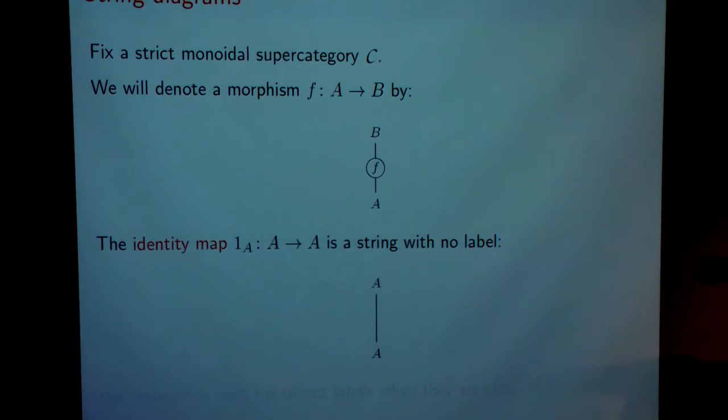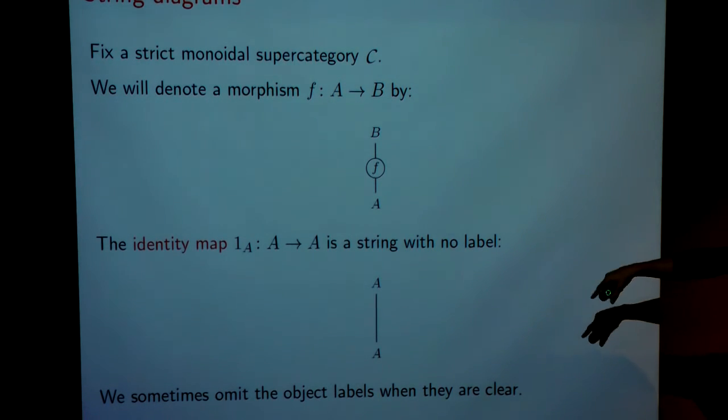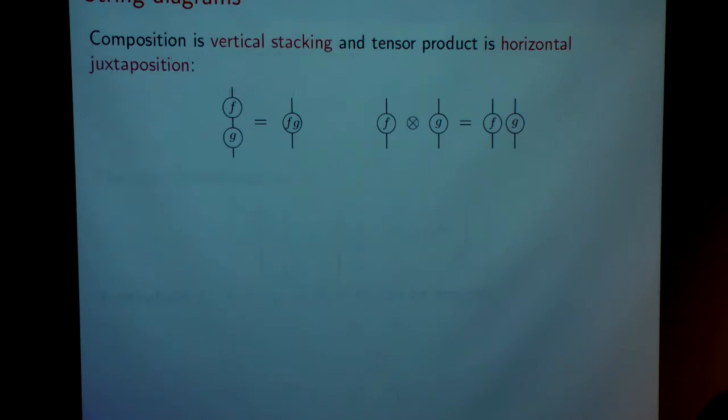The identity map is a string with no label. Often the object will be clear from the context because our strand will be oriented up, and then it's clear that the bottom and the top are an up arrow as the domain and codomain. So we usually won't draw those labels. Composition is vertical stacking of diagrams, and tensor product is horizontal juxtaposition.